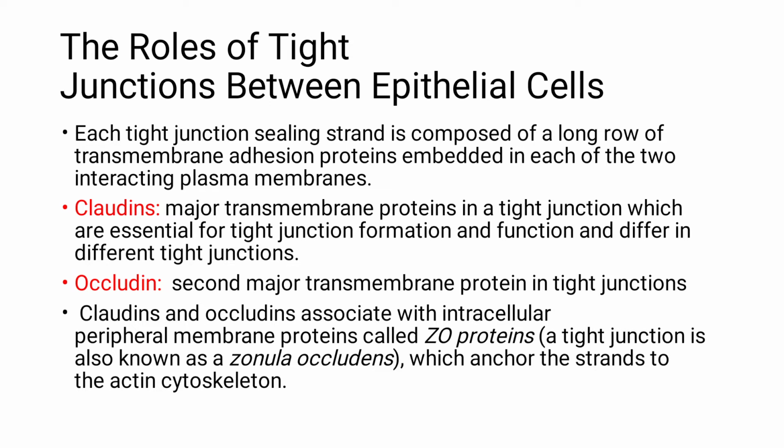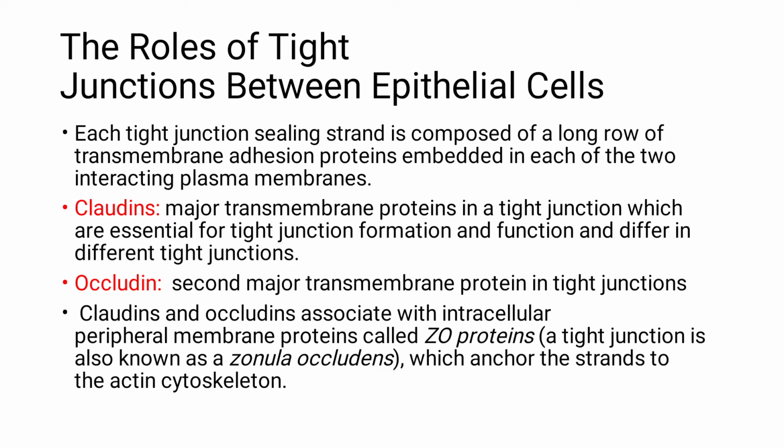The extracellular domains of these proteins join directly to one another to occlude the intercellular space. The major transmembrane proteins in tight junctions are the claudins, which are essential for tight junction formation and function and differ in different tight junctions.